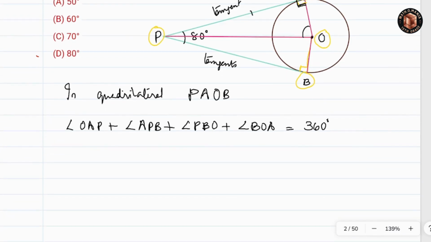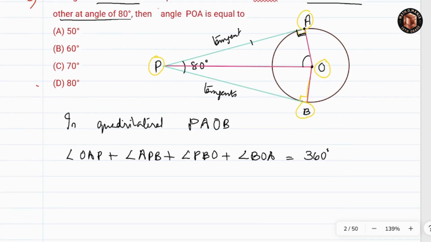Therefore, angle OAP is equal to 90 degree, plus angle APB equal to 80 degree, plus angle PBO, which is also 90 degree, plus angle BOA. What is angle BOA? It is unknown, so we will keep BOA like this itself.